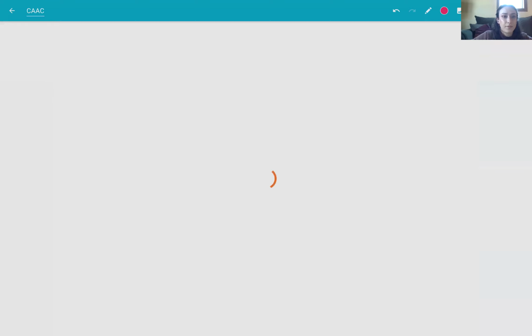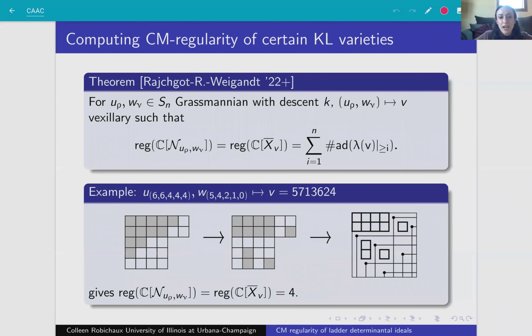And now we'll sort of branch out a bit more and go back to our Kazhdan-Lusztig varieties. So if we consider our Kazhdan-Lusztig varieties where the V and W that are indexing our varieties are Grassmannian, so whenever I'm writing down my permutation in one-line notation, I want the entries to decrease at a unique point in my permutation.